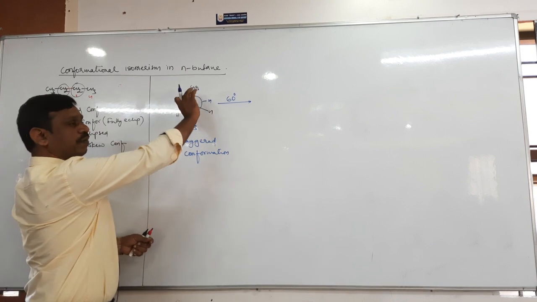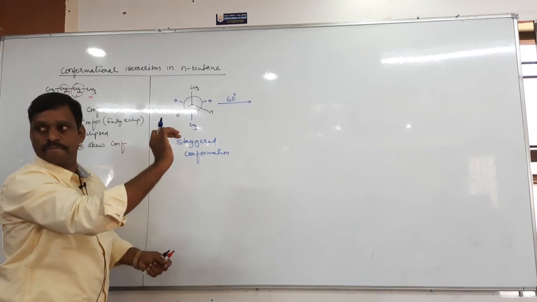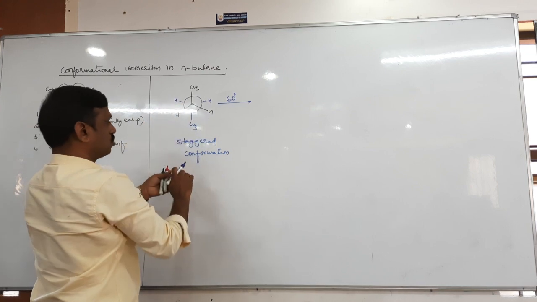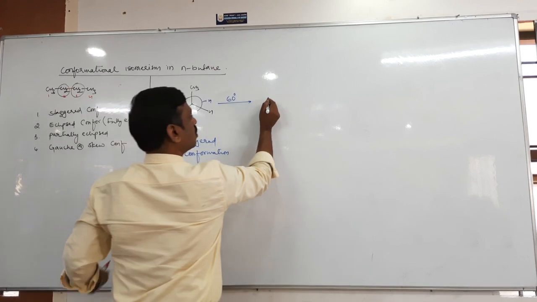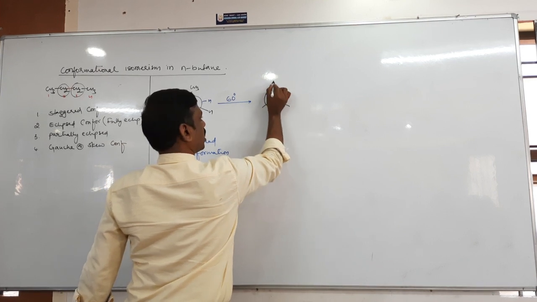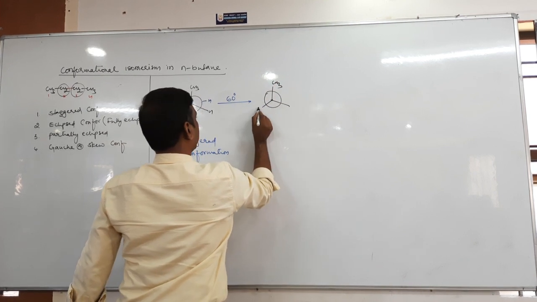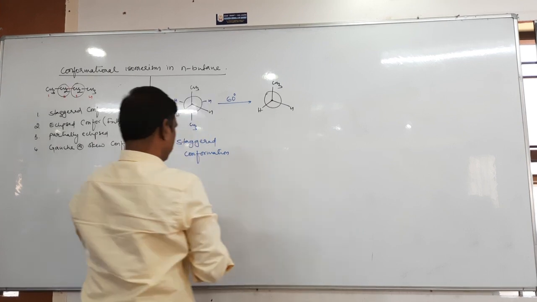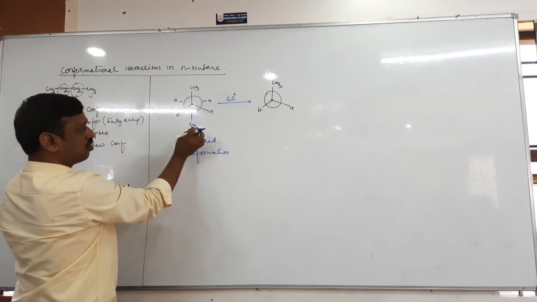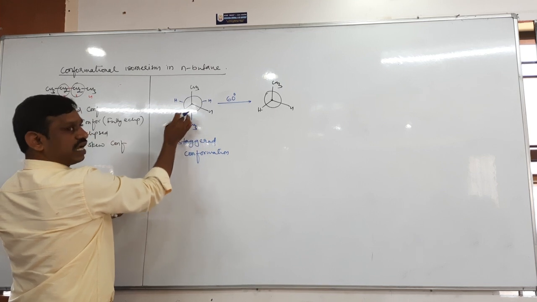Then when the staggered conformation is rotated 60 degrees, keeping the front carbon constant and rotating the back carbon, the front carbon stays the same: methyl, hydrogen, hydrogen. In the back carbon, by rotating 60 degrees, where does this methyl come? Exactly behind this hydrogen.